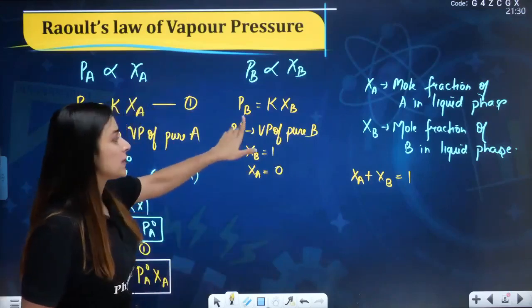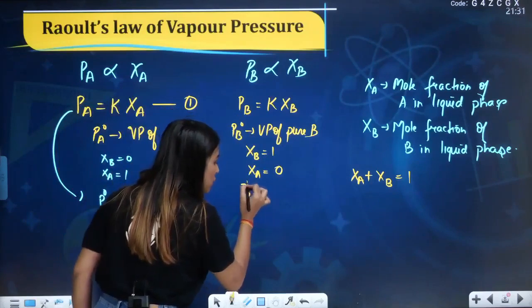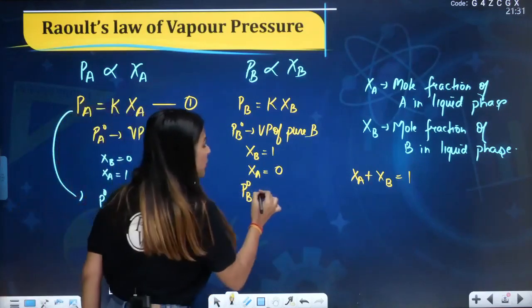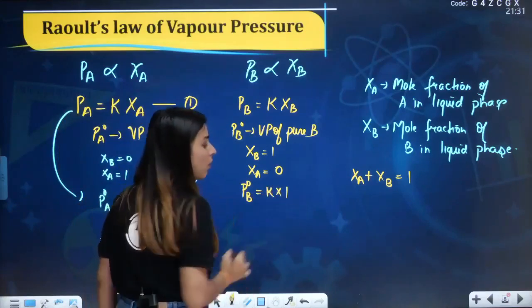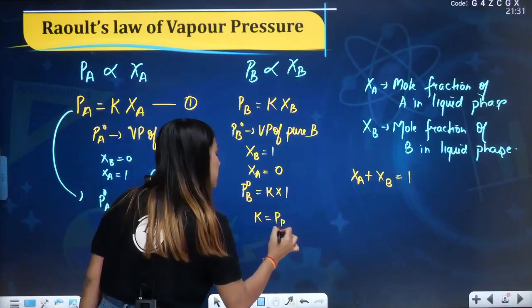Put this value. What will you get? The whole pressure will be because of PB naught, because it is pure B. This will be equal to constant K into 1. So from here, K has come out to be PB naught.